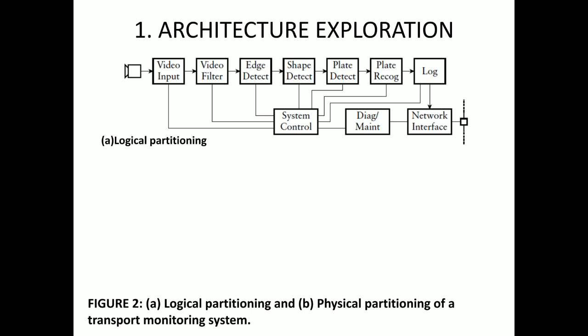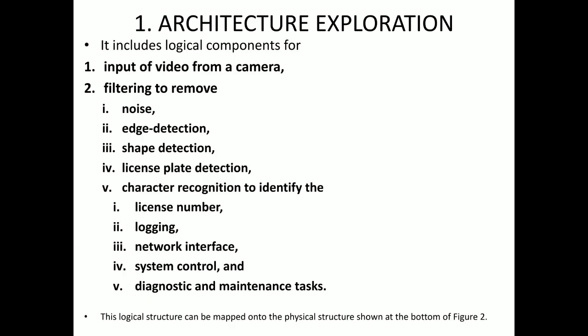Next we will analyze what components are included in this logical unit and physical unit. It includes a video camera and filters. Why filters? To remove the noise, to detect the edges, to detect the shape of the vehicle, to identify the plate, and to recognize the characters, whether they are Roman or alphabetical characters, or characters of any other language, or any symbols.